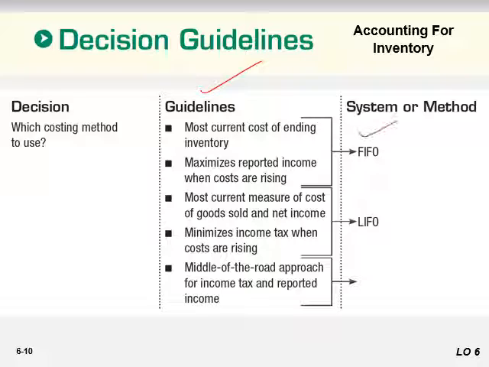It means in FIFO you are interested in the balance sheet, and in LIFO you are interested in the income statement, so the viewpoint is different. For a middle of the road approach for income tax and reporting, use the average method, because it lies between FIFO and LIFO.